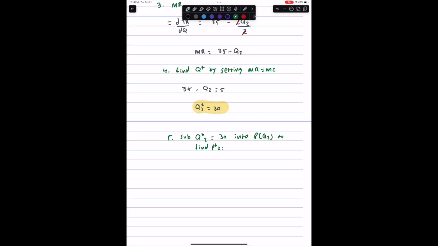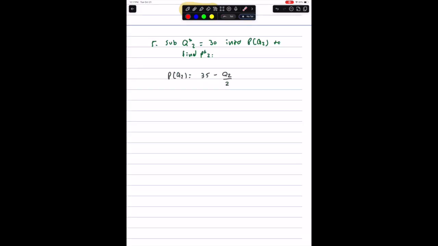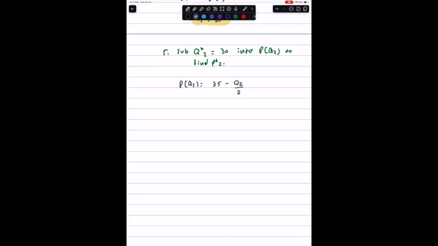We know our P of Q2 was equal to 35 minus Q2 over 2. If we substitute Q2 is equal to 30, we'll get 35 minus 30 over 2, which is equal to 35 minus 15, which is equal to 20. So P star 2 is equal to 20.